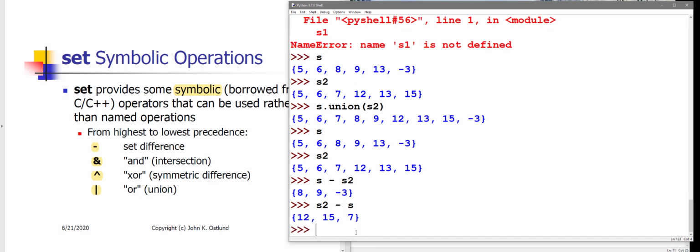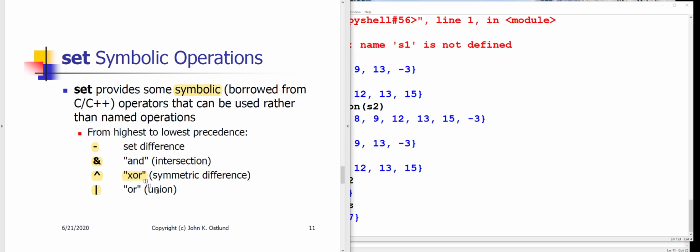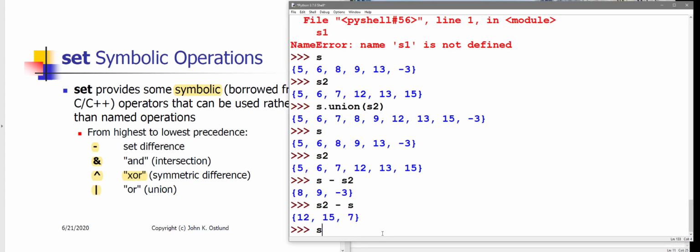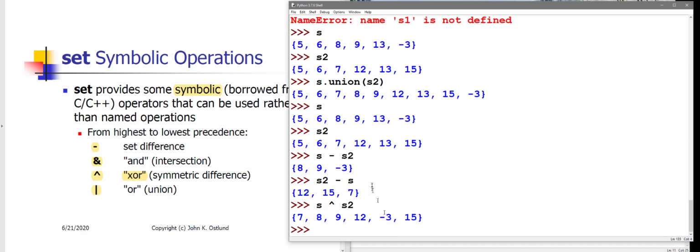The symmetric difference uses a symbol called the exclusive OR symbol. S exclusive OR S2 is the union of these two differences. The symmetric difference is the union of the two differences.